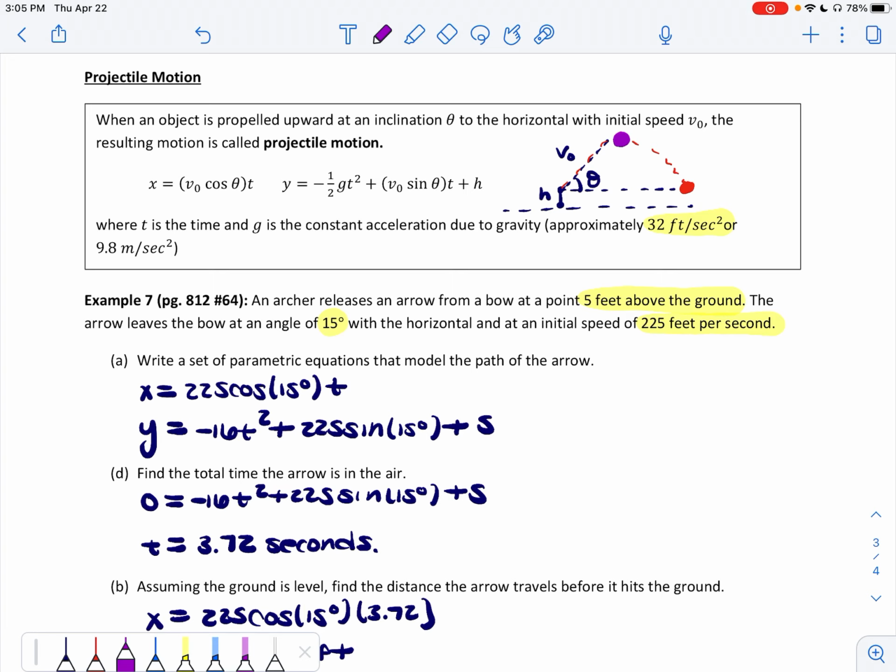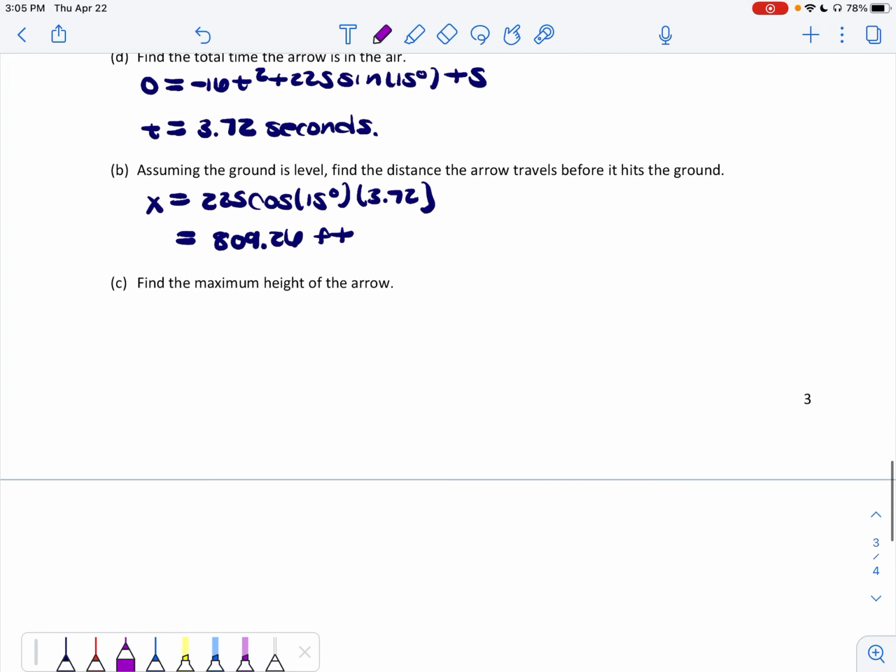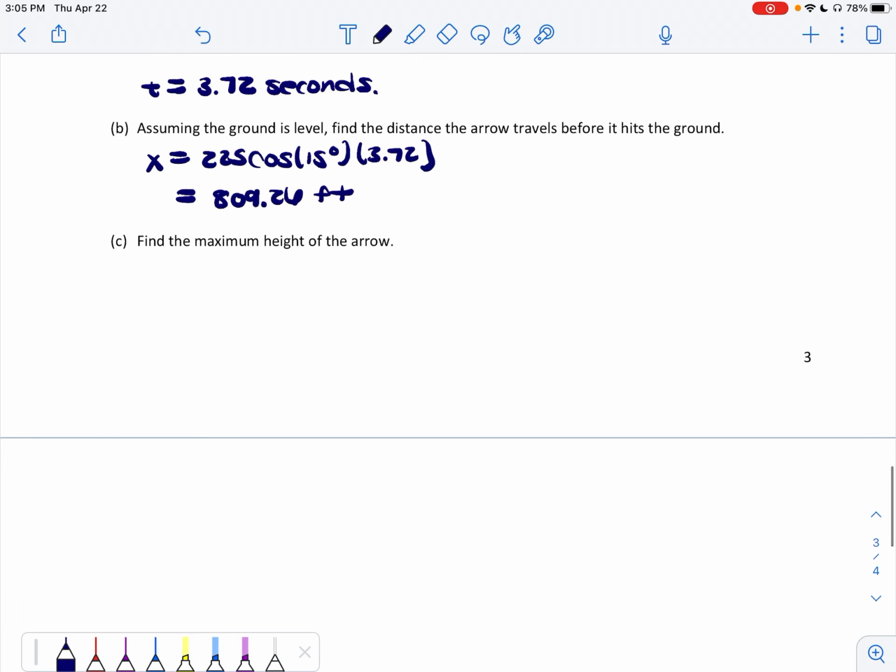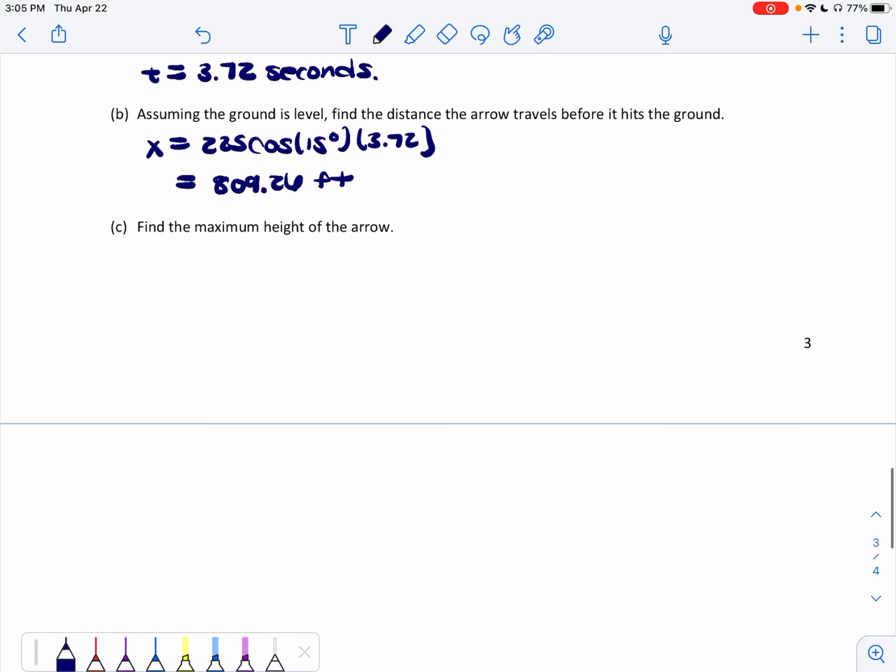Now, instead of finding the vertex in the way that we have been with our conics, the easiest way to find the vertex is just to remember that the vertex of a parabola can be found using the formula negative b over 2a, and then just plugging that back in to our function to find the y-coordinate. So negative b over 2a helps us figure out when we're at the vertex, and then plug it into our y equation to figure out what that actual maximum height is.